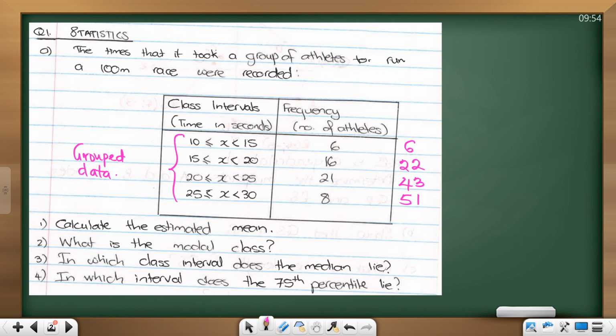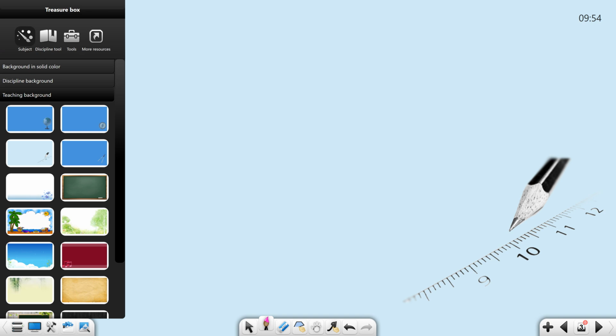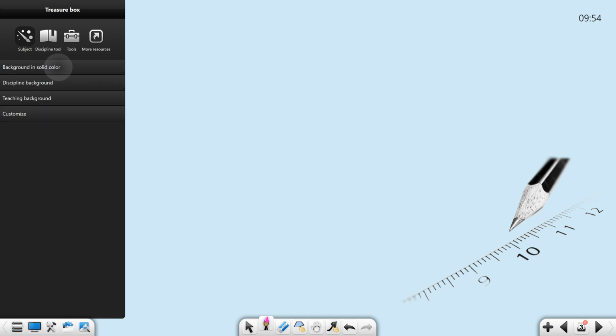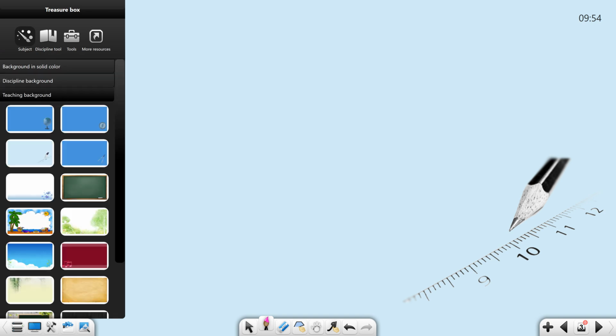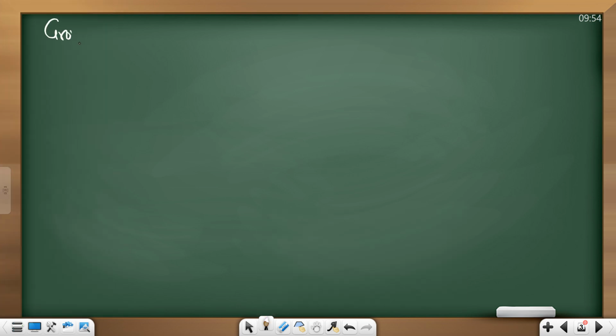It will help you. Calculate the estimated mean. Quickly, what is the formula for the estimated mean of a grouped data? Let me just quickly put what you are supposed to do, the steps of a grouped data. If I have a grouped data, what are the things I should be able to do?